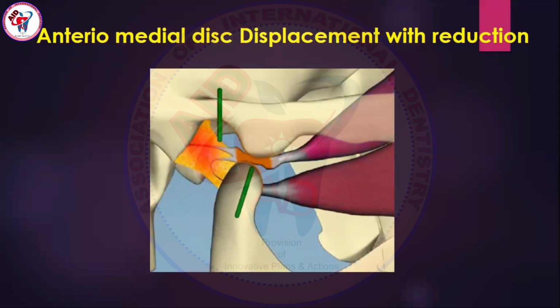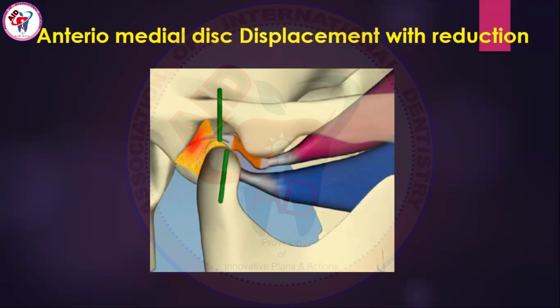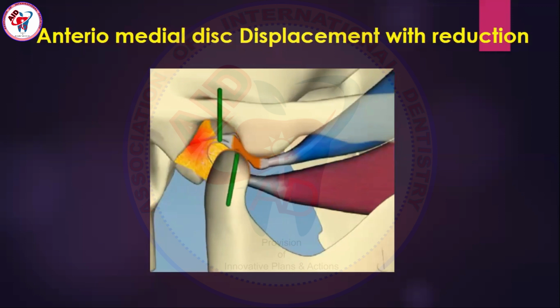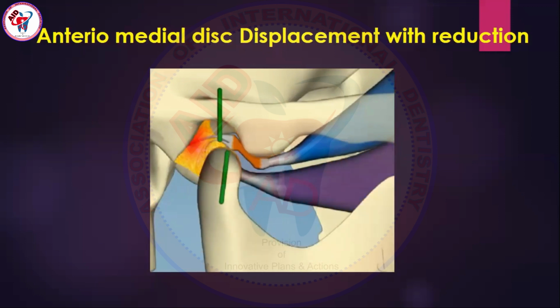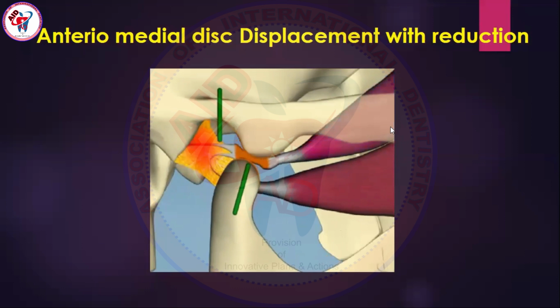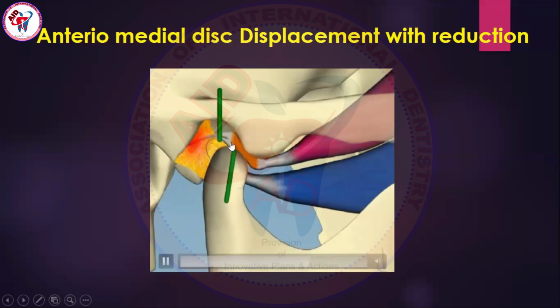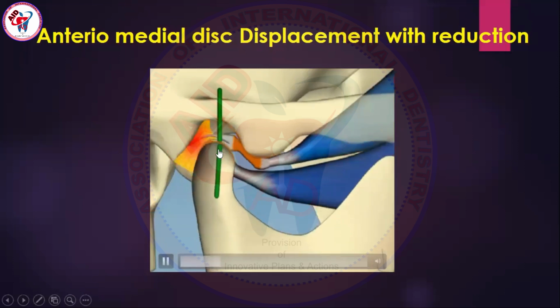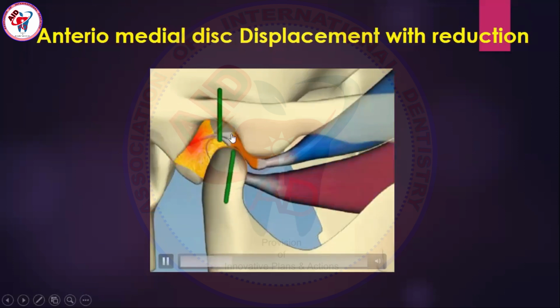As we move forward in temporomandibular joint diseases, we will see that the lateral pterygoid muscle becomes more and more fibrous, more tender, and more painful as the disease progresses. The superior head is attached here with the disc, and the inferior head is attached here with the neck of the condyle. And when it is so, the disc moves medially and anteriorly.